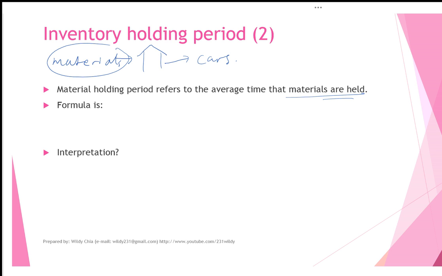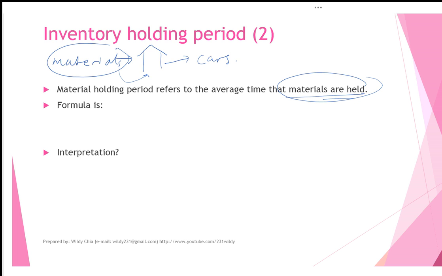Maybe a day, 2 days, 3 days, or whatever length of time that is. These materials will have to be held until the factory uses them to start producing the cars. While these materials are still being held before the production process takes place, this is referred to as the material holding period.